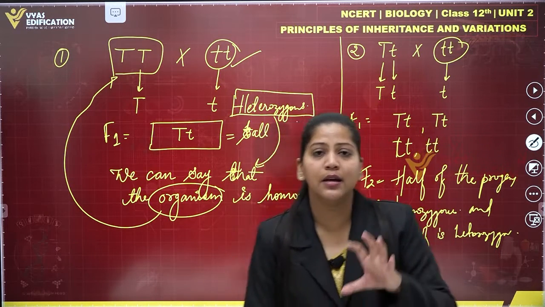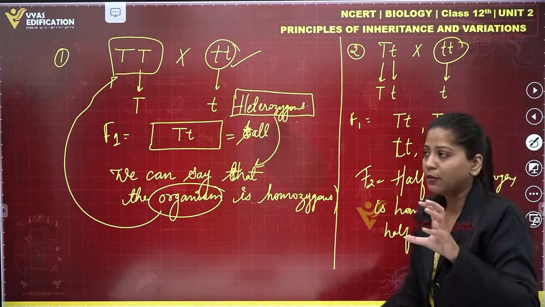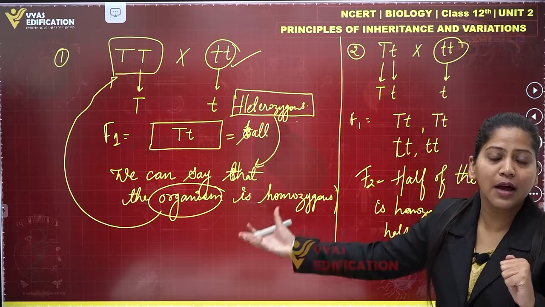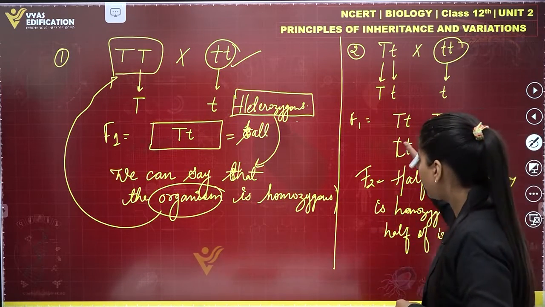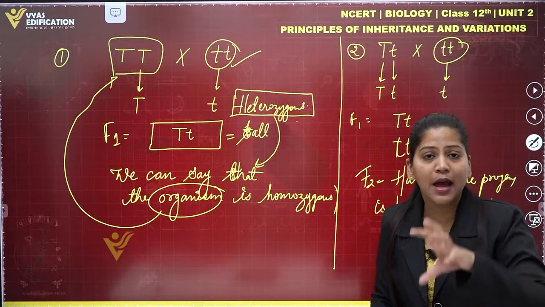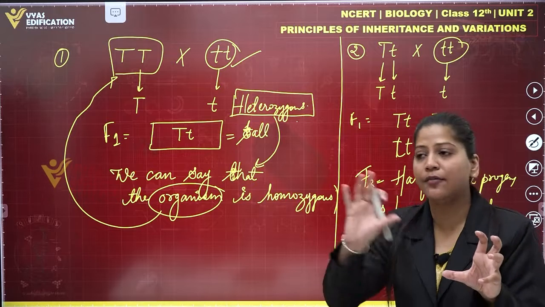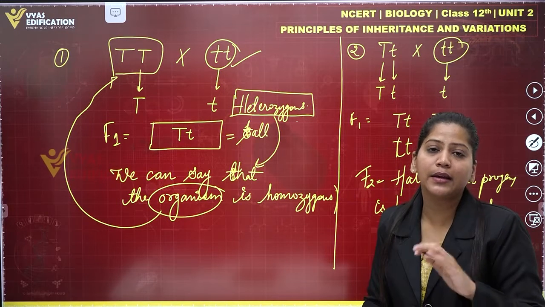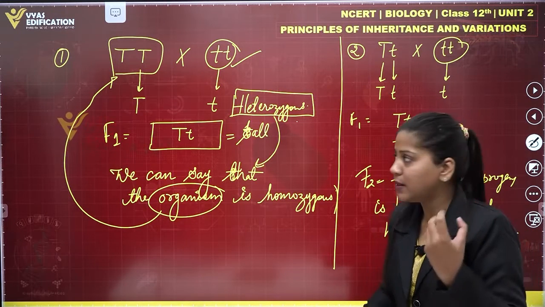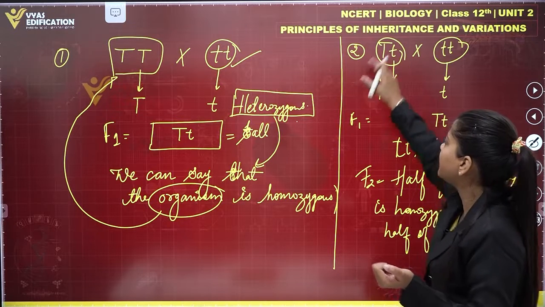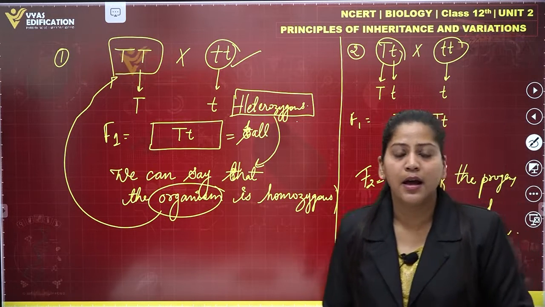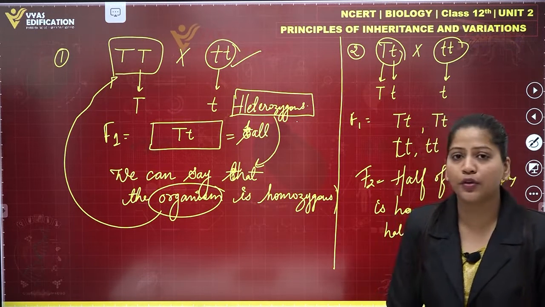And if we observe that half of the progeny in the F1 generation are heterozygous and half are homozygous, then we can conclude that this organism is actually heterozygous in nature. So this is the complete solution of question number 5.